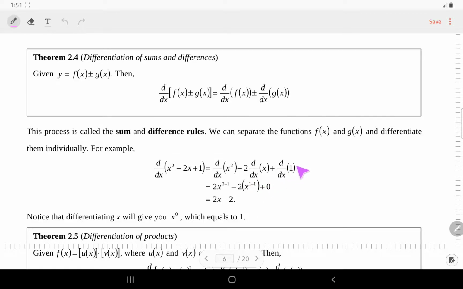And to differentiate 1, 1 is a constant, so each time you differentiate just a constant without a variable, it will become 0. So simplify all of this, we will get 2x minus 2.